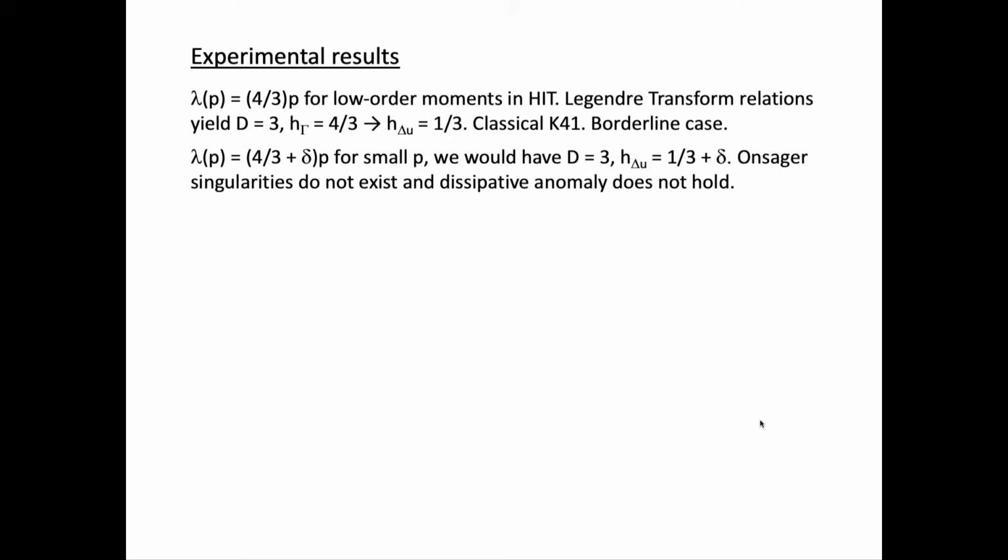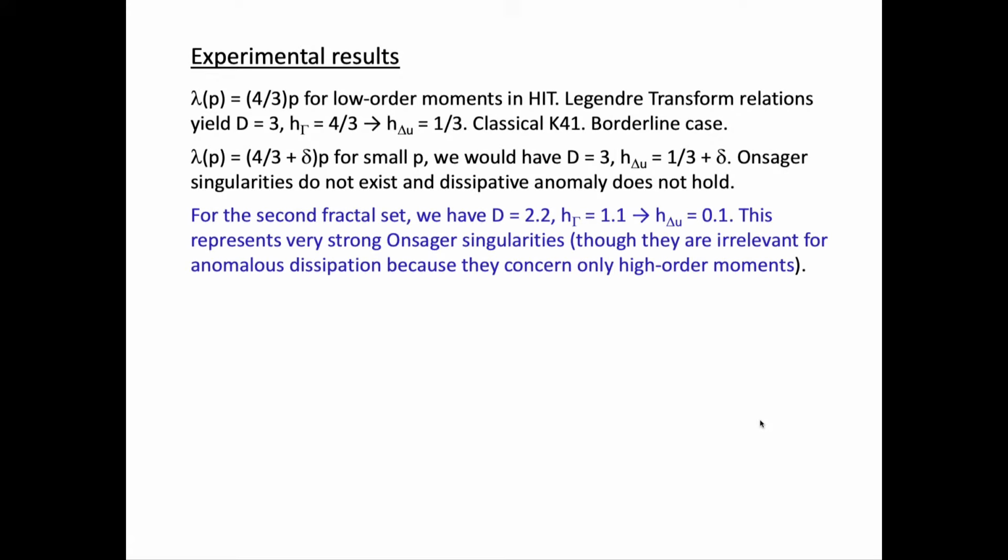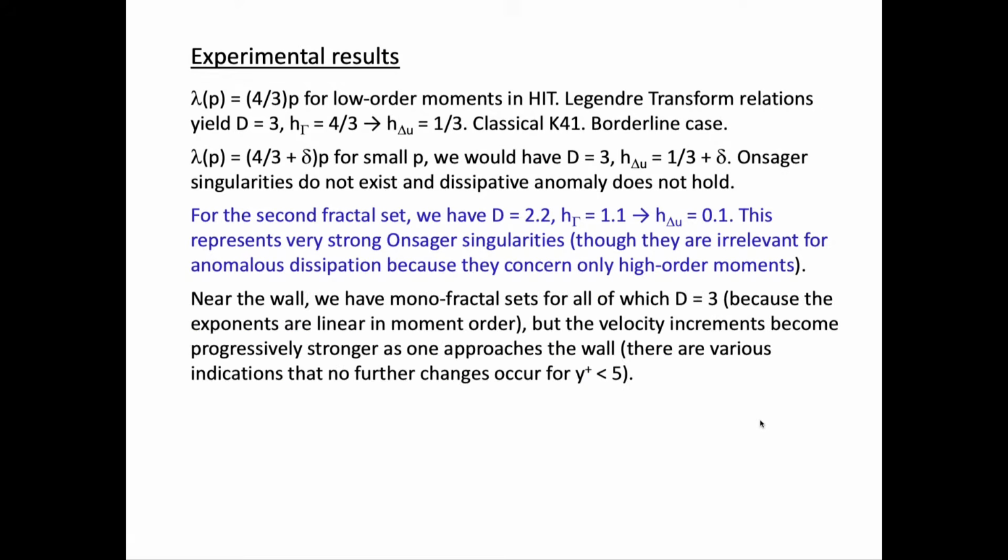But I will stretch your goodwill to some degree, so I will just not worry about that. Next thing. Second fractal set is lower dimension, higher h, and therefore it represents higher Onsager singularities. They're irrelevant for anomalous dissipation because anomalous dissipation is the first order quantity, like the mean value. But nevertheless, I made that remark, and I'm happy to go back to it later on.